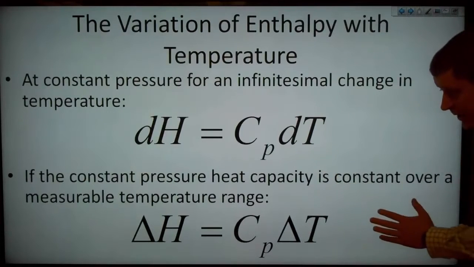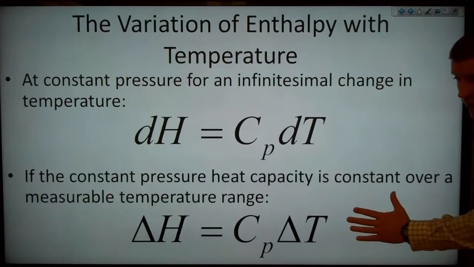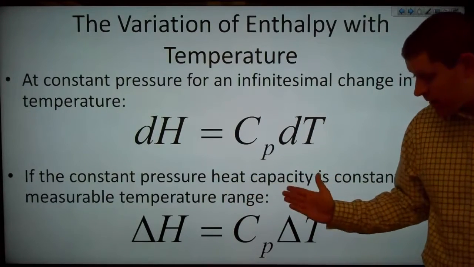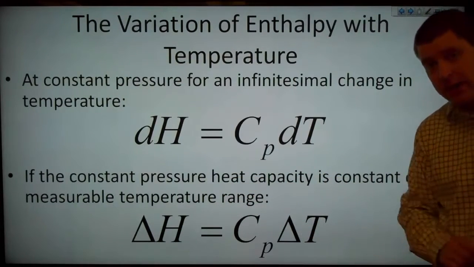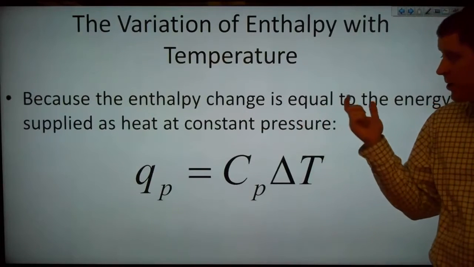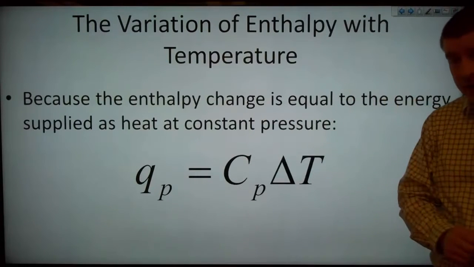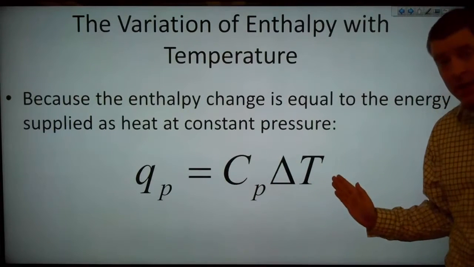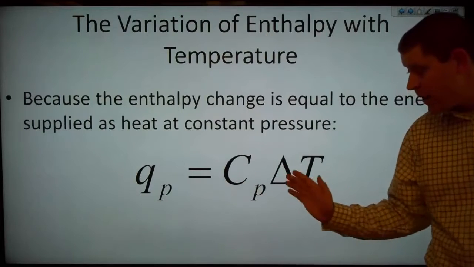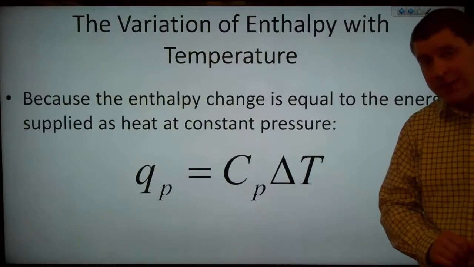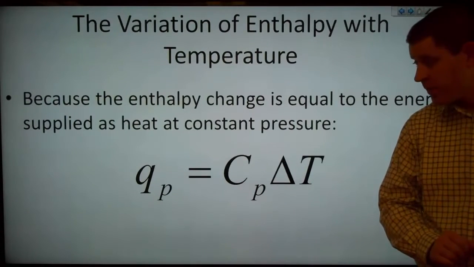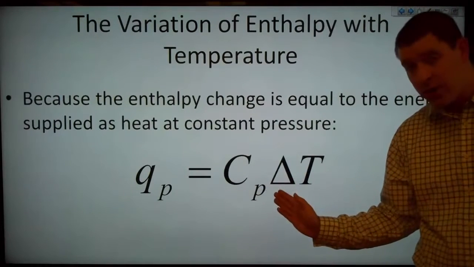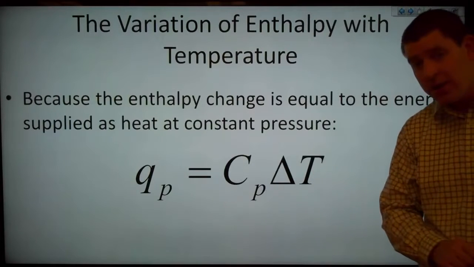If the constant pressure heat capacity is constant over some measurable temperature range, then we get this equation: delta H is equal to Cp times delta T. Because the enthalpy change is equal to the energy supplied as heat at constant pressure, we can say q equals C delta T, with q and C being fixed at constant pressure. So the heat supplied at constant pressure is equal to the constant pressure heat capacity times the change in temperature.